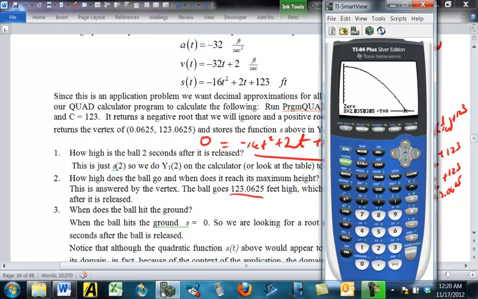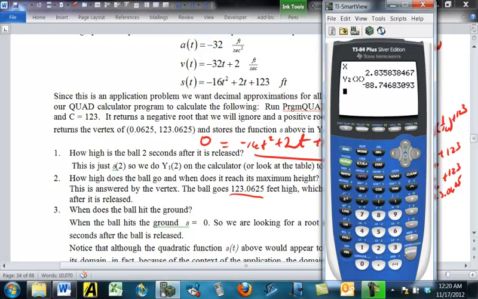How fast is it going at that point? So let me just stop. And that's the x that we came up with, and our y2 is our velocity. So I'm going to go here to get y2, and then say y2 of that x that we just did.